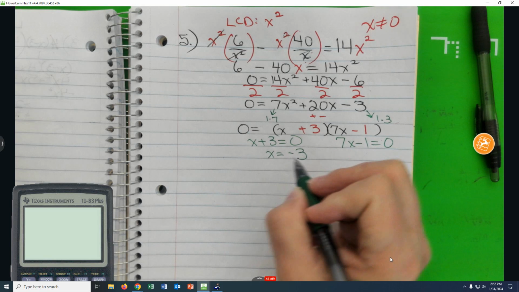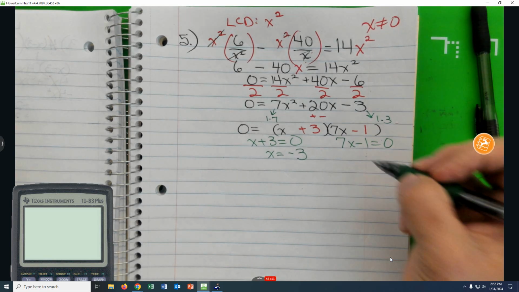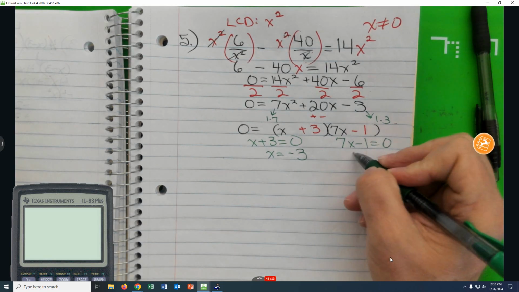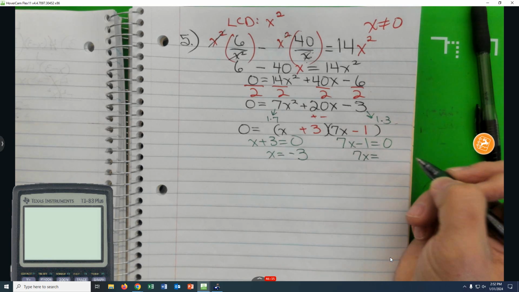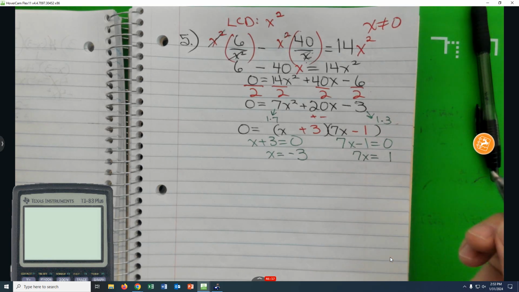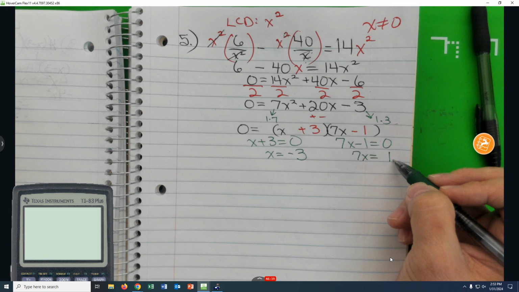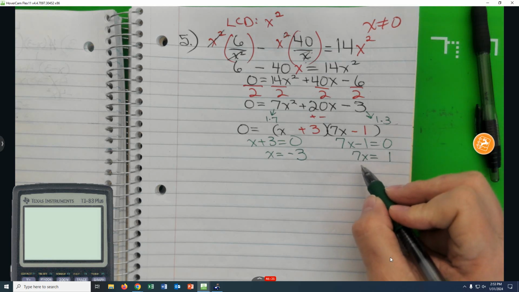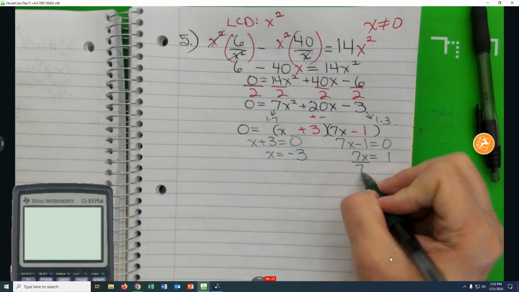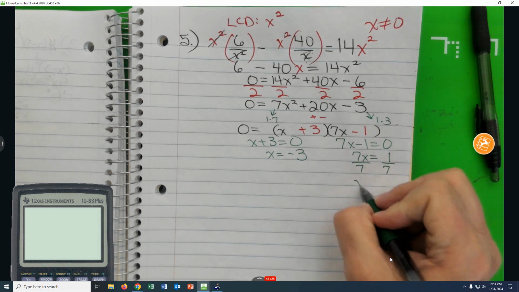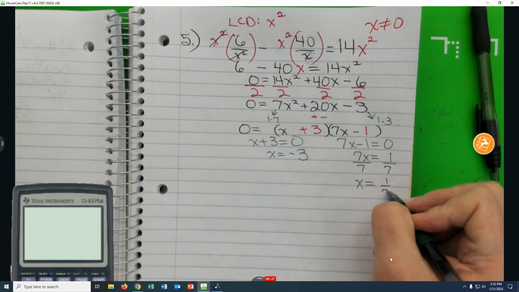Negative 3, I agree. Here, we have to move the 1 over to get 7x equals 1. The negative 1 becomes a positive 1. And then what do we do? Divide by 7 to give x equals 1/7.